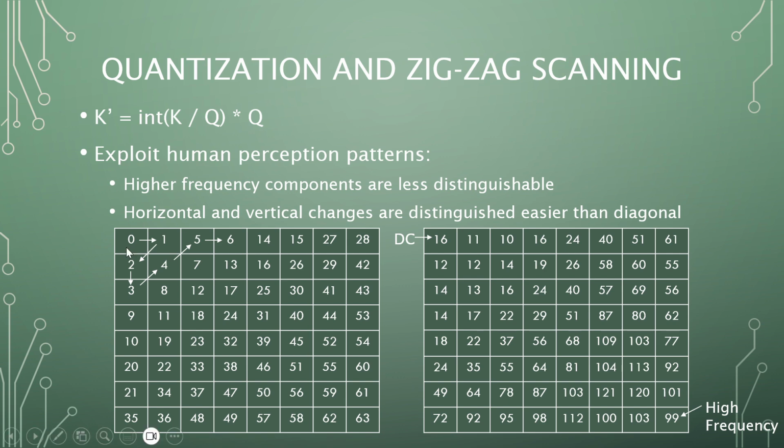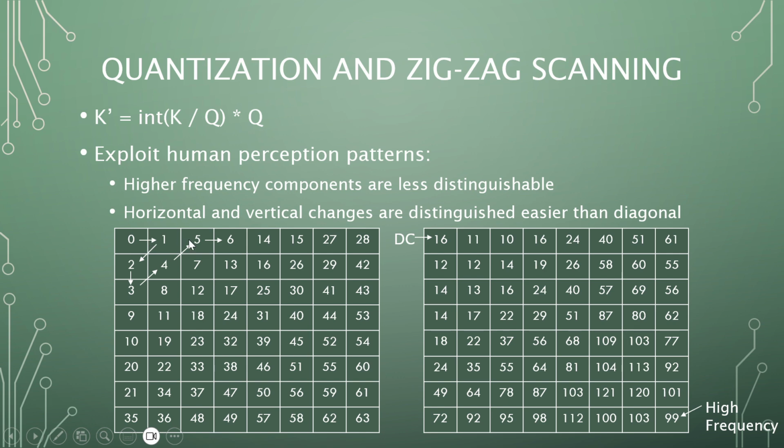Here the matrix on the left shows the common zigzag scanning of JPEG compression. The values show the indices of the frequency components of the DCT.